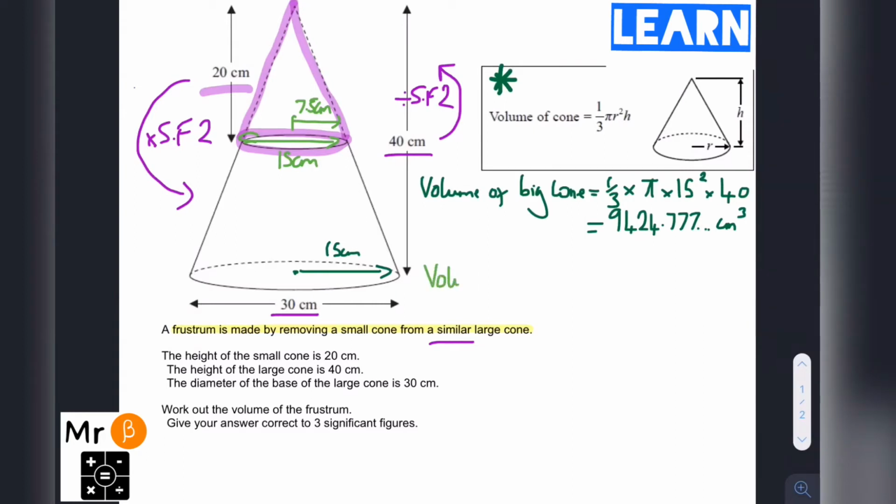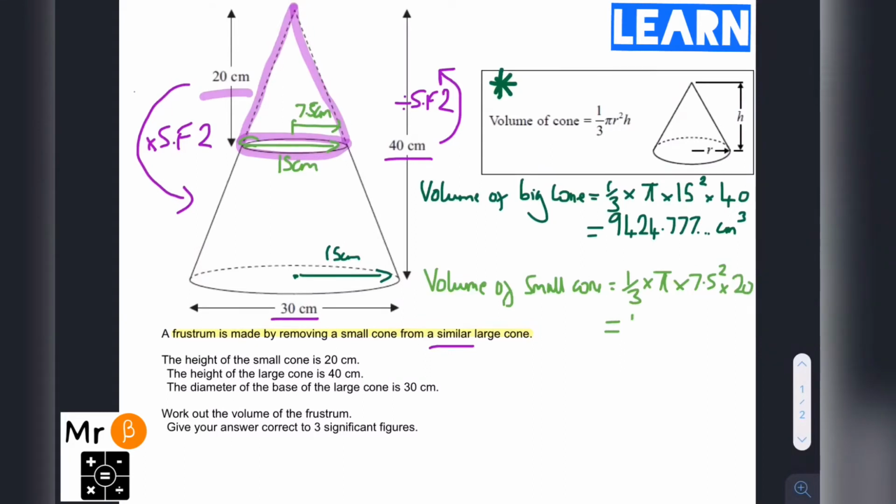So now if we look at the volume of the small cone, it's going to be 1/3 times pi times 7.5 squared times your height of 20. Now if we type this into our calculator, we get 1,178.097.